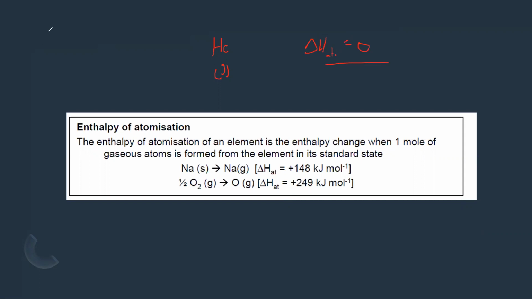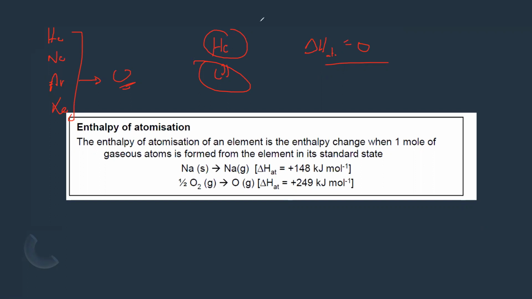So the atomization of helium, neon, argon, xenon, krypton, these are all gases, and their atomization is 0. Why 0? Because they are already atoms and they are in the gaseous state. So we don't have to make a molecule.